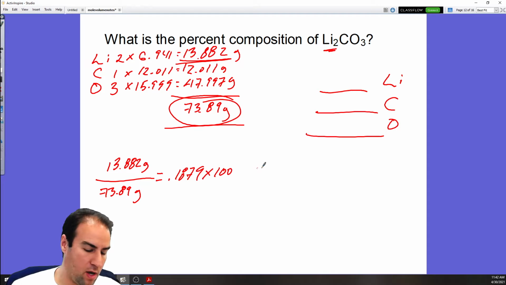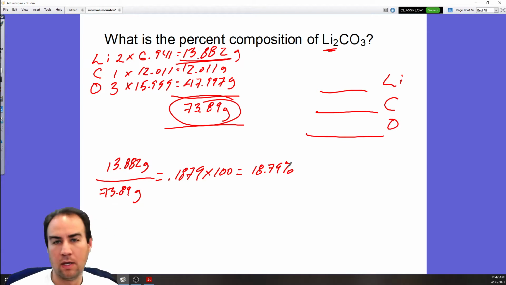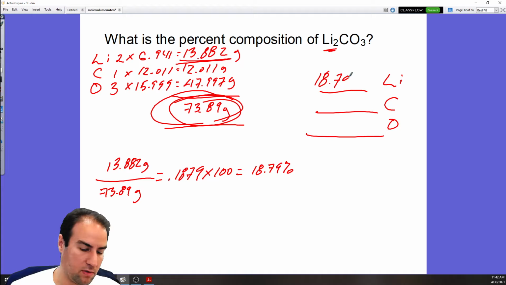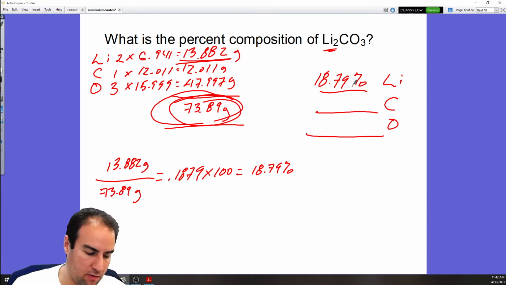Multiply that by 100, and we get 18.79%. That's telling us that 18.79% of the mass of this compound is made up of lithium. That's our first answer.